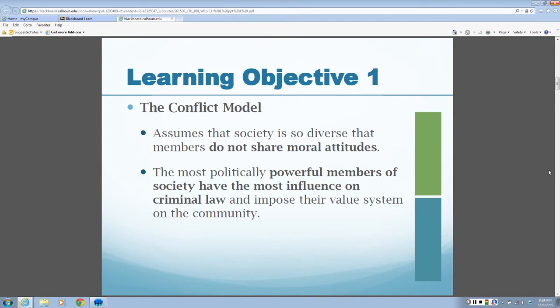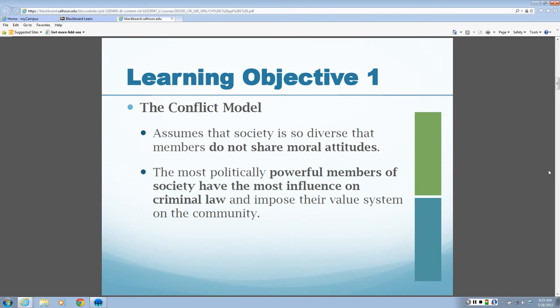This model is based on Karl Marx and his idea of communism, where it says, we're the government, we are the elite, we are the ruling class, and we know better for you than you know for you. So therefore, we are going to decide what is okay behavior and what is not okay behavior.